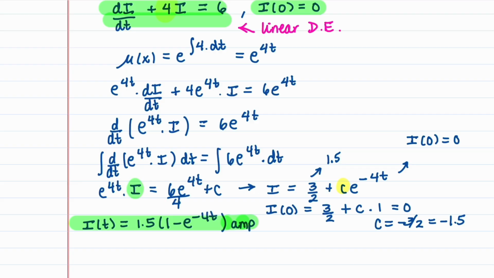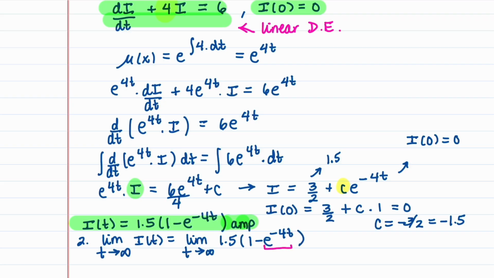Now we can answer the second question, and that is to determine the steady state current. To do that, all we have to do is take the limit as t goes to infinity of our current. So we have the limit as t goes to infinity, 1.5 times 1 minus e to the minus 4t.